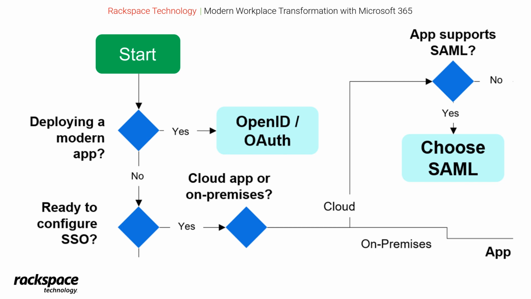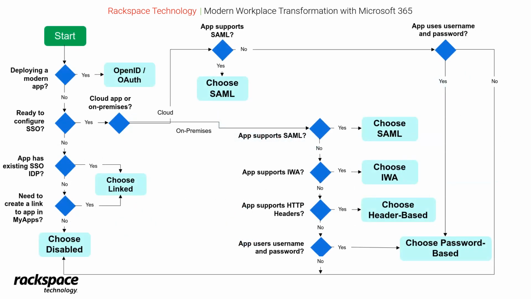These are really the priorities you should be thinking of when you're deploying applications and clicking on those choices. Other types of authentication methods approach the on-premise method where there's SAML integration, integrated Windows authentication, header-based, and so forth. So this really helps you make that decision of which to prioritize.